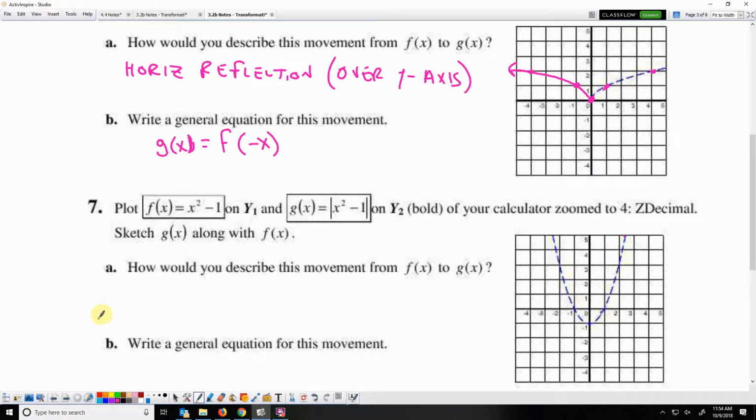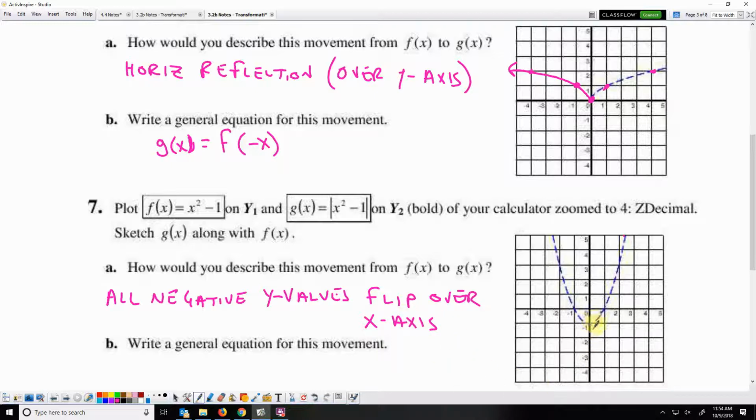Okay, so if an output is negative 3, the absolute value is positive 3. So all negative outputs, which are negative y values, flip over the x-axis. They become positive outputs.